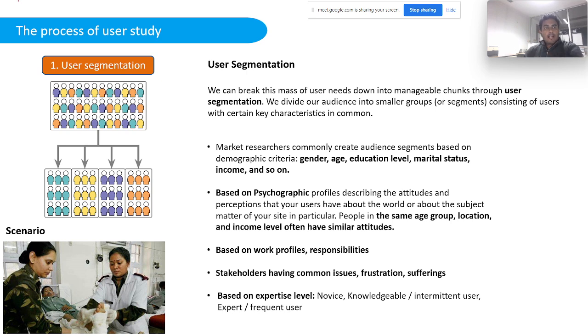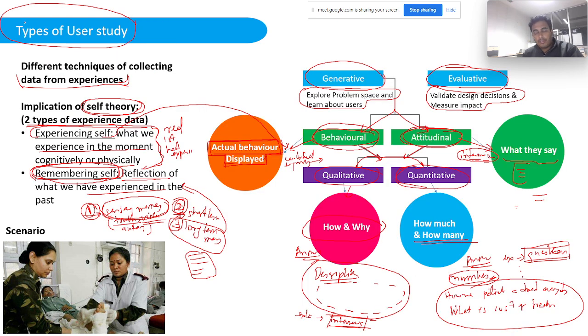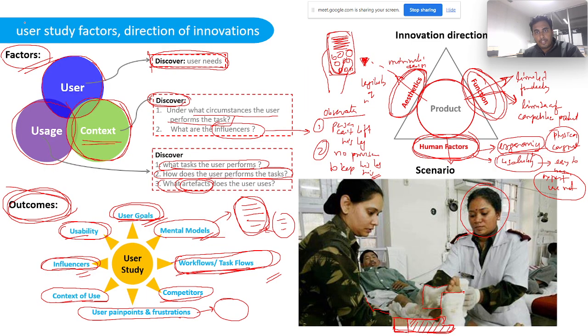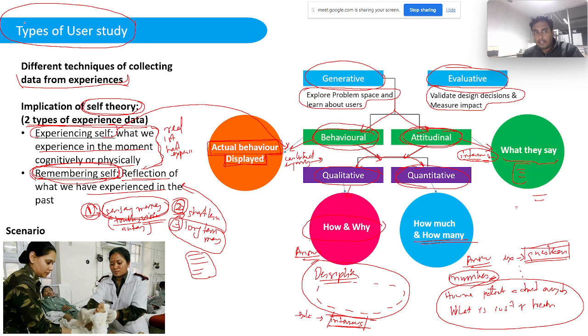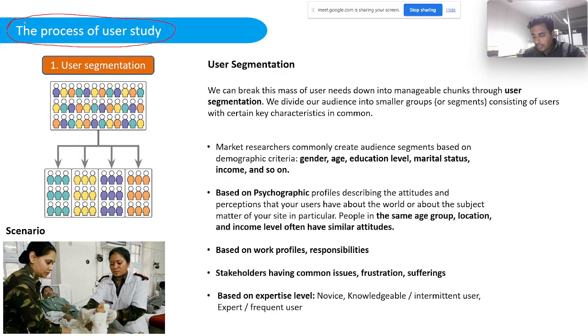Okay, so let's start the process of user study. So far we came to know about the various factors, outcomes, the direction of innovation, and the type of user study. Now let's start with knowing about the actual process of user study.